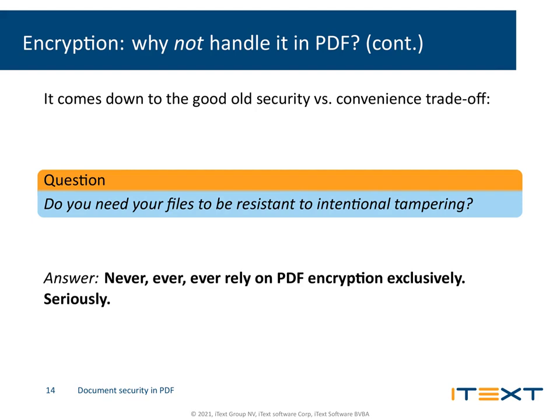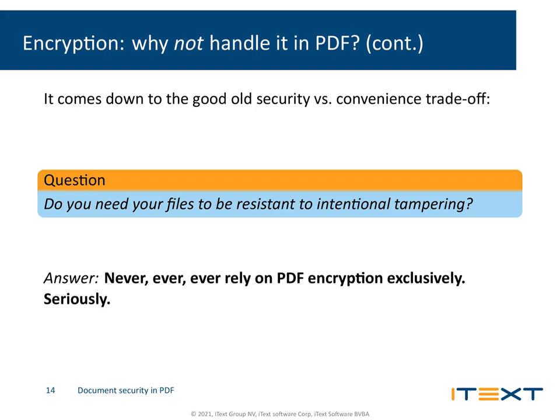And then finally, and this is perhaps the most important point, if you need your files to be resistant to intentional tampering, then you really shouldn't ever rely on PDF encryption exclusively. You can, of course, use PDF encryption plus something else, but currently there's no machinery in the standard that allows you to encrypt a file and make sure it is tamper resistant without adding other stuff.